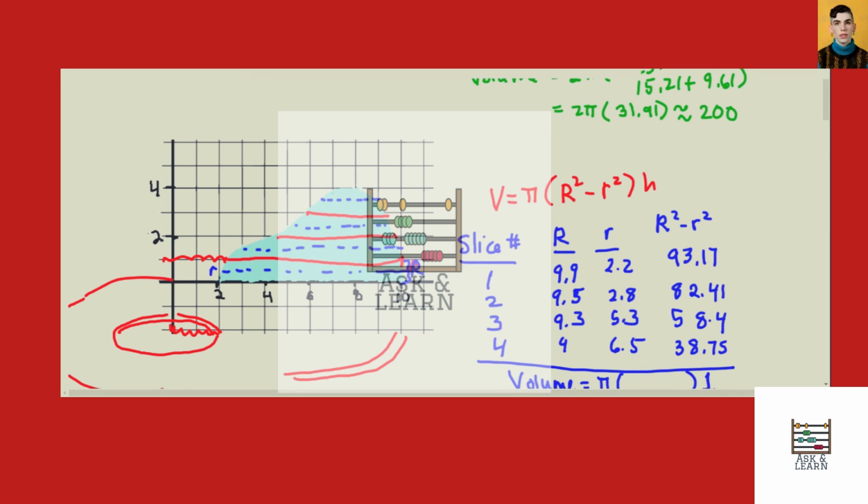So 38.75 plus 58.4 plus 82.41 plus 93.17 is 272.73 times pi. I get about 857 for this one. Okay, fun.